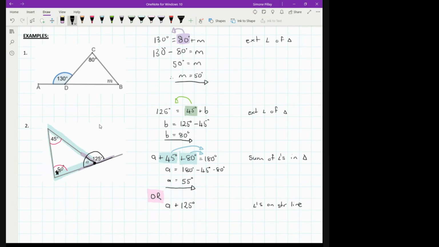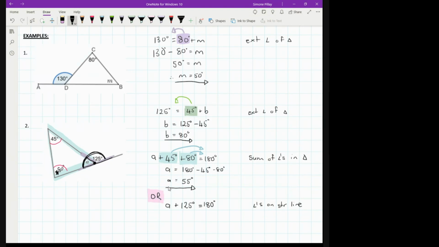Whenever you're thinking of angles on a straight line, I always want you to try and draw the semicircle over your angles. The minute you get your semicircle, that's the angle that you know must be included. Because my semicircle only covers a and 125, I'm only going to add a and 125. And those angles should equal 180 degrees.